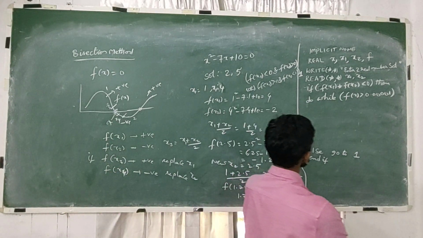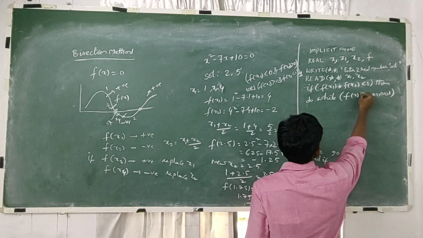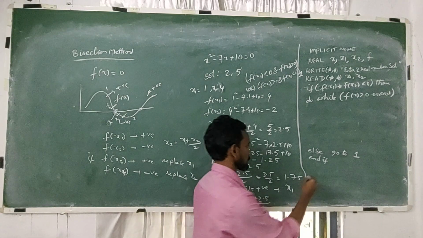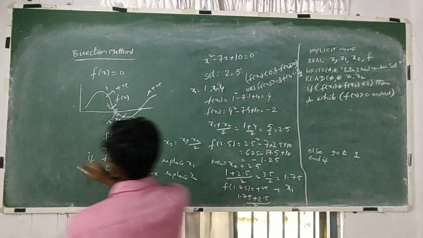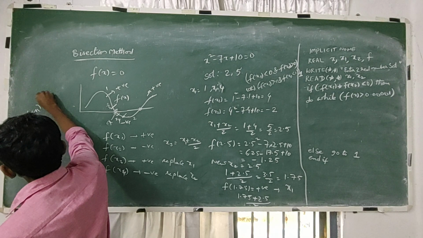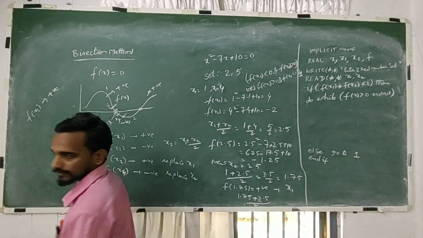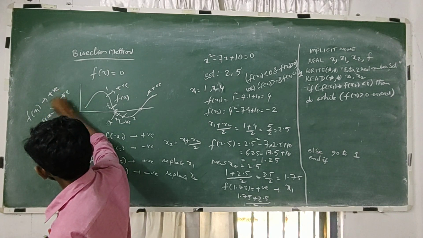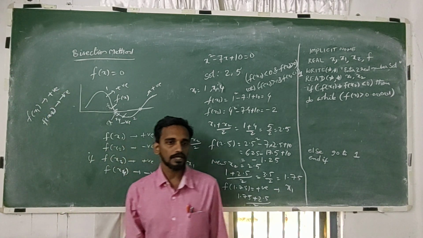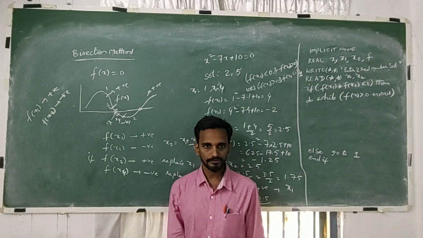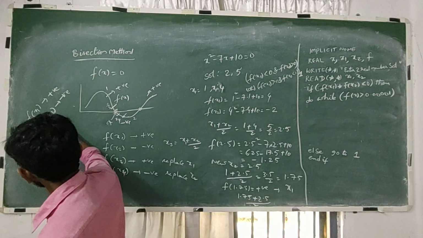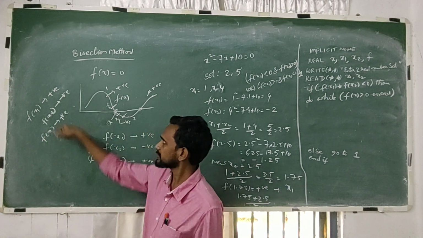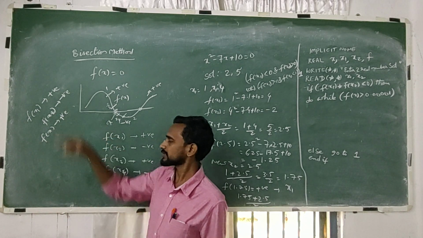So we'll see that. So we are not sure. Let's say if f of x1 is positive, and f of x2 is negative, and f of x, let's say, is positive. Then we have to replace x1. Otherwise, we have to replace x2.